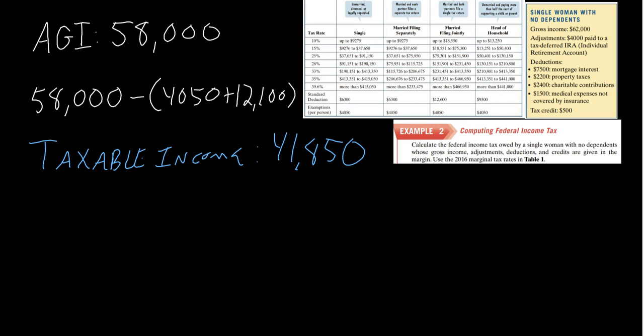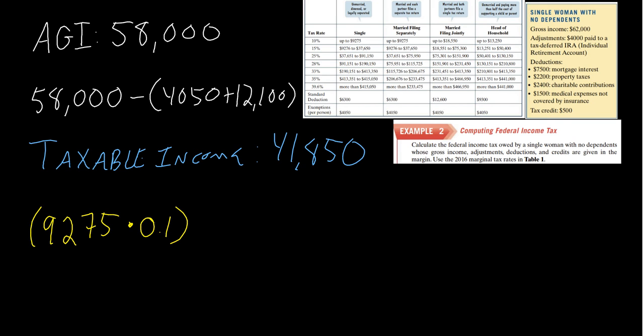So how do we do this math? The way we go about this is, the first $9,275 is taxed at 10%. So I'm going to say 9,275 times 0.1. Okay, so that's taxed at 10%.